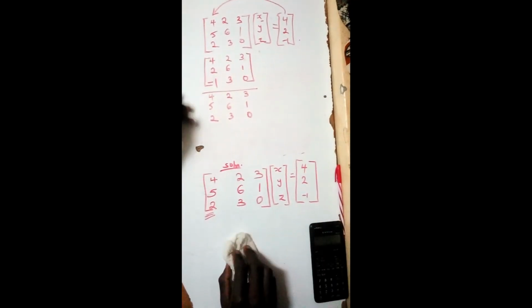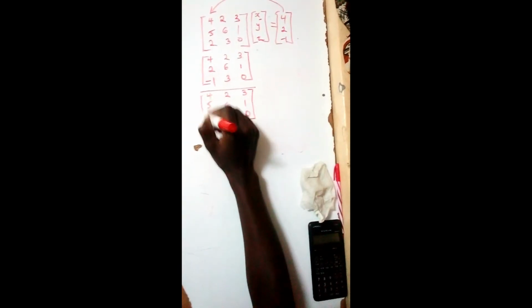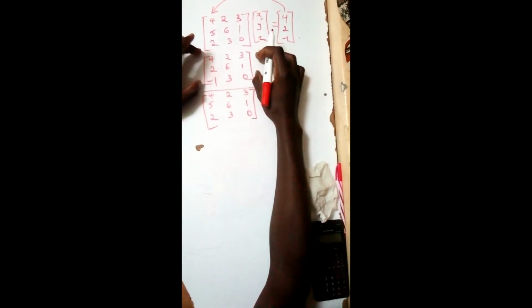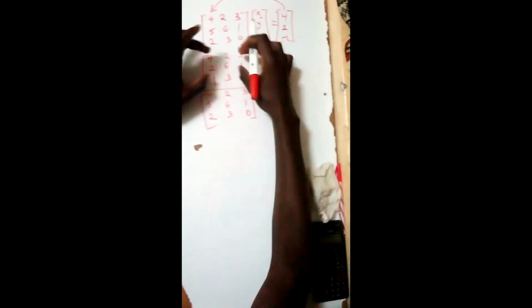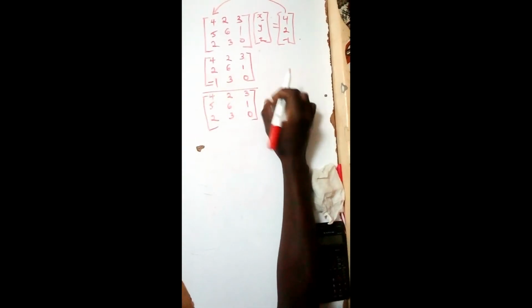Having reached this point, we have to get the determinant of the numerator matrix divided by the determinant of the denominator matrix.